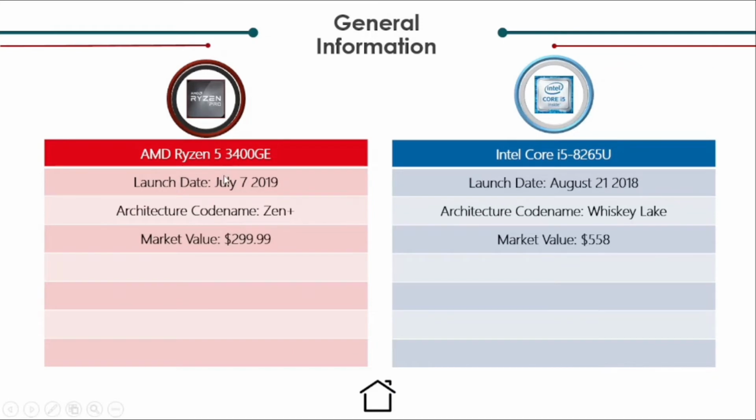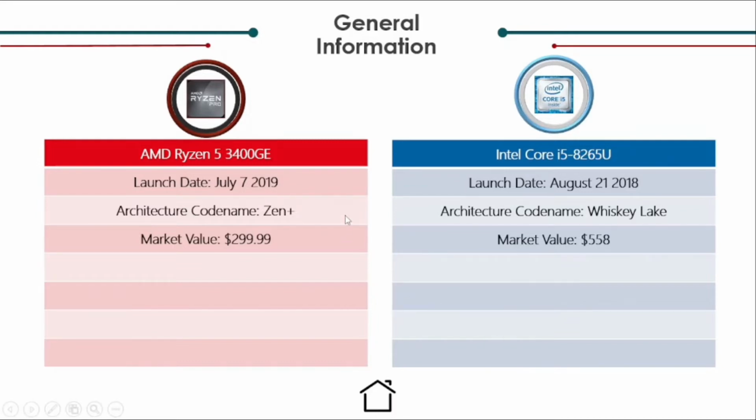The AMD Ryzen 5 3400 GE was launched back in July 7, 2019, while the Intel Core i5-8265U was launched August 21, 2018. For the architecture code name of the AMD Ryzen 5 3400GE, it is called Zen Plus. And for the Intel Core i5-8265U, it is the Whiskey Lake.